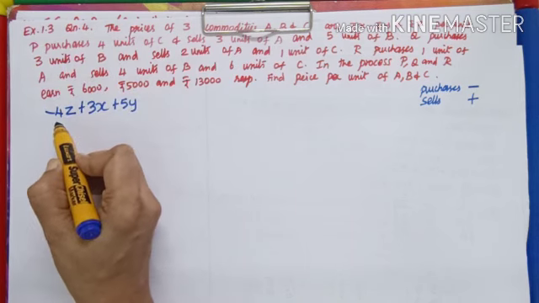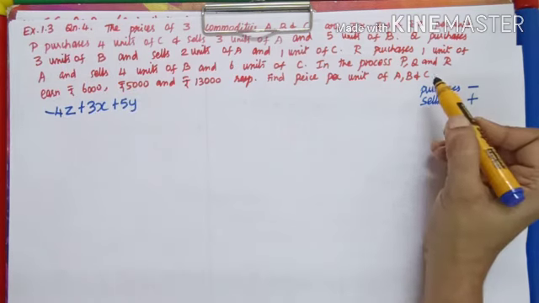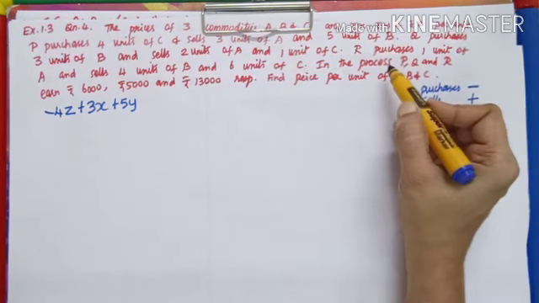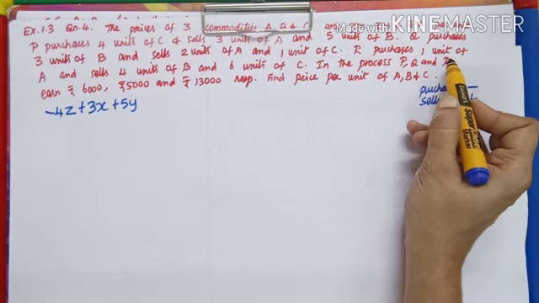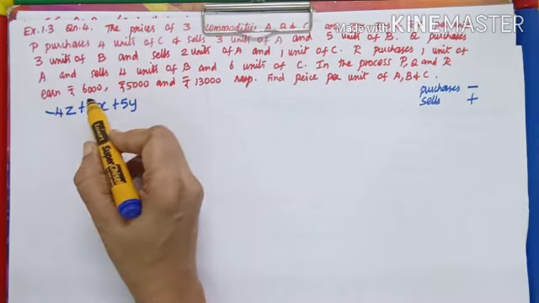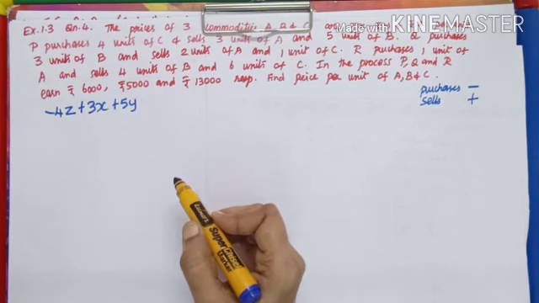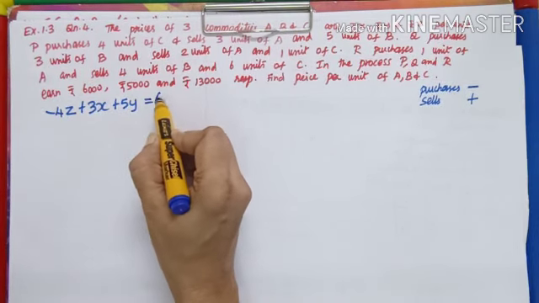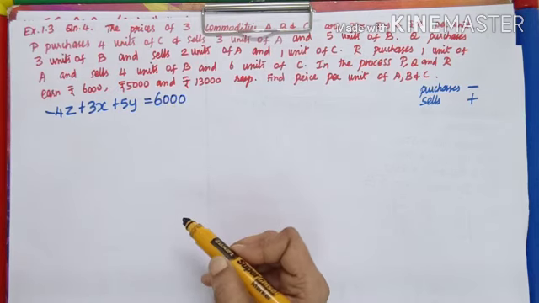Purchasing I put negative. The last line tells me, in the process, P, Q, R are earning 6,000, 5,000, 13,000. So this is 6,000 for the first person.